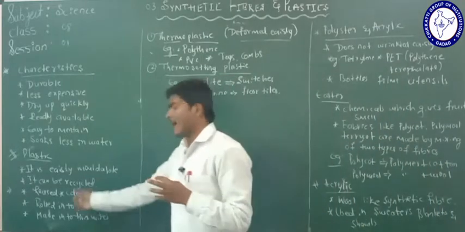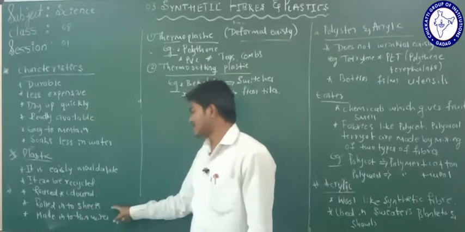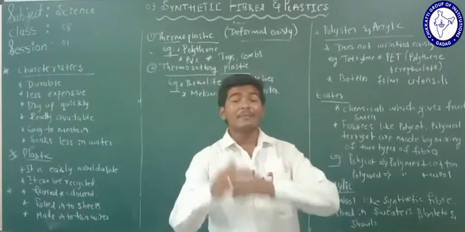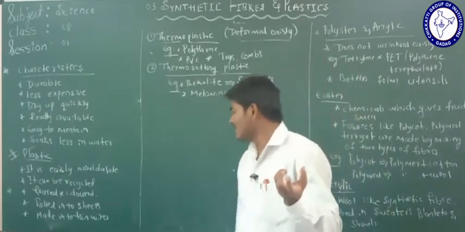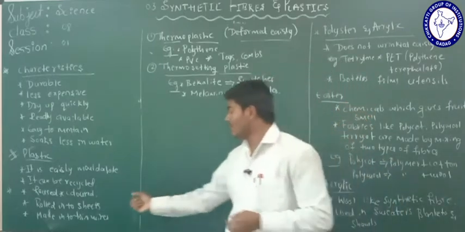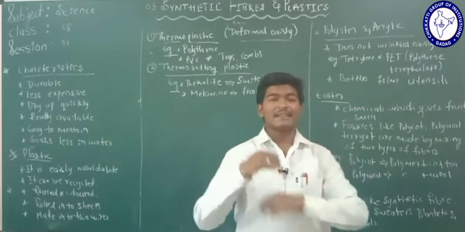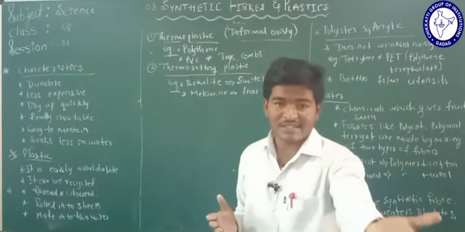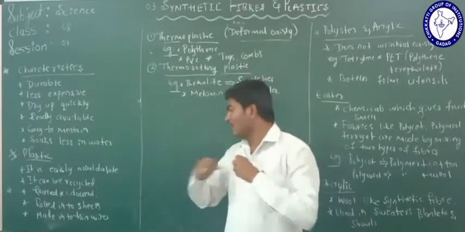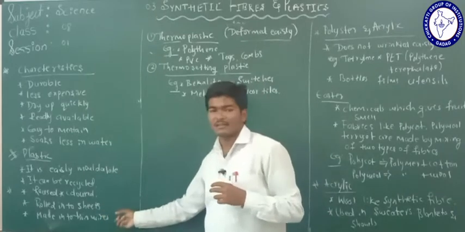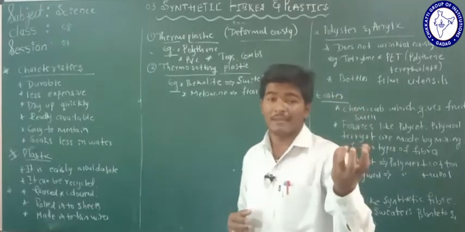Another important characteristic is that plastic can be rolled into thin sheets, and also pulled into thin wires. That's why we are using plastic in more items.